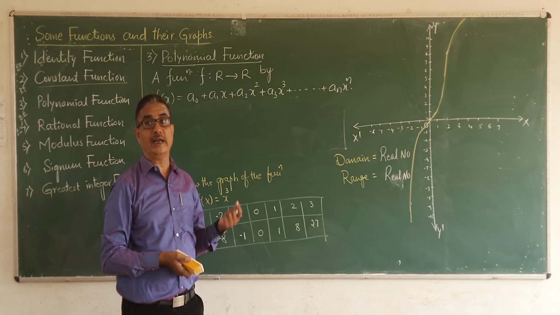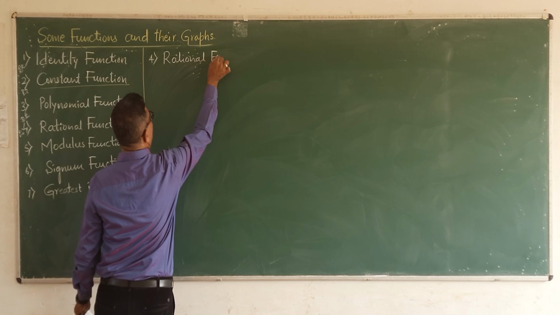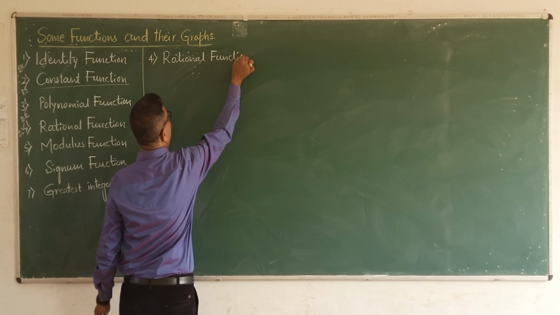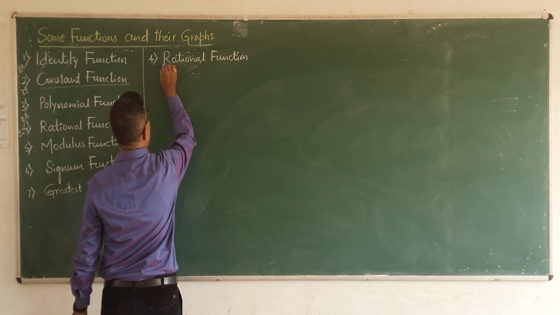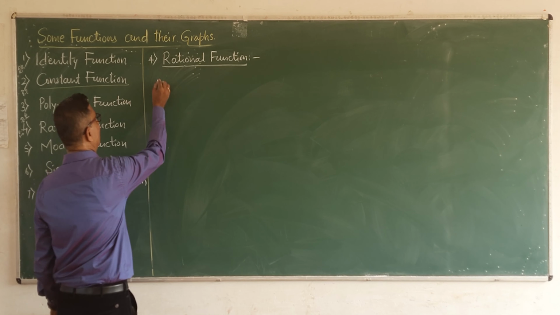Next, type number 4. What is that? Rational function. Define rational function. Look here.